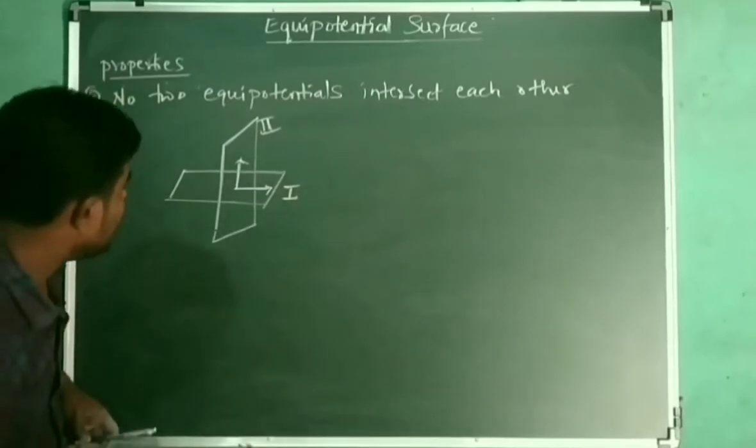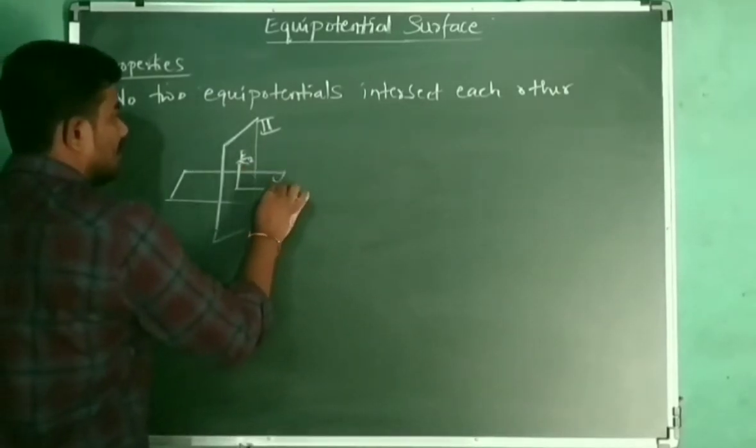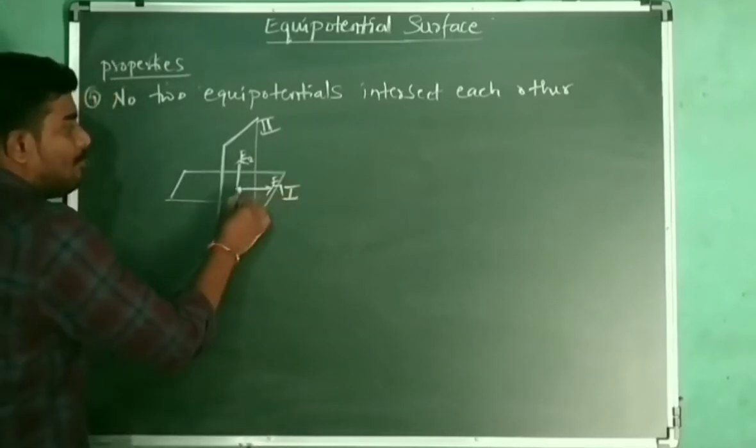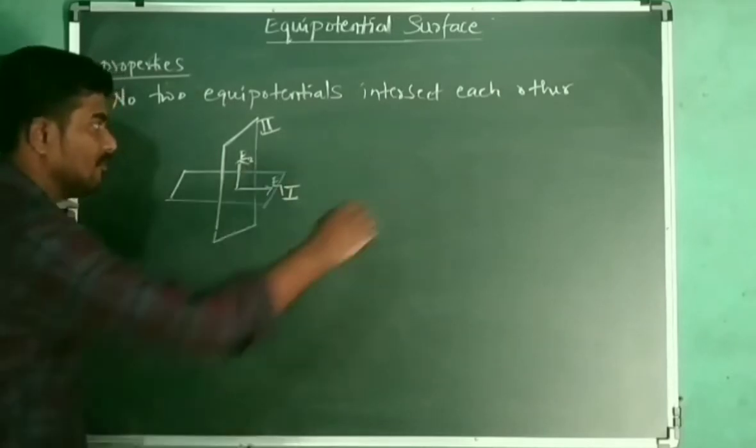See, this is electric field 2 and this is electric field 1. At a single point, the electric field has two directions in reality, which is not possible.